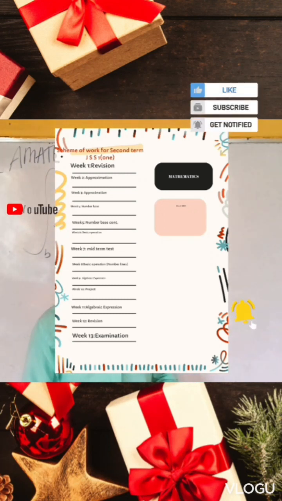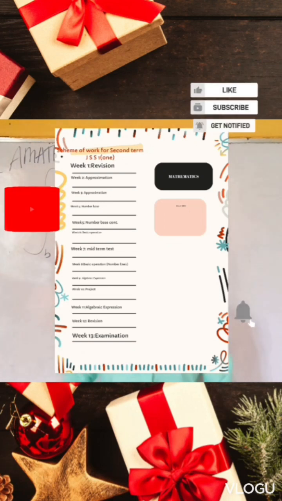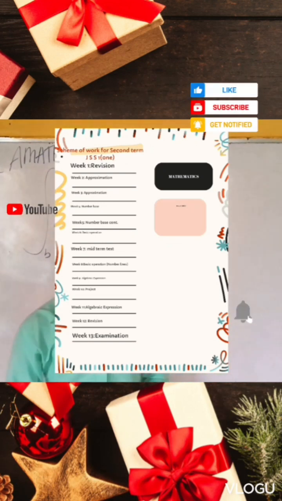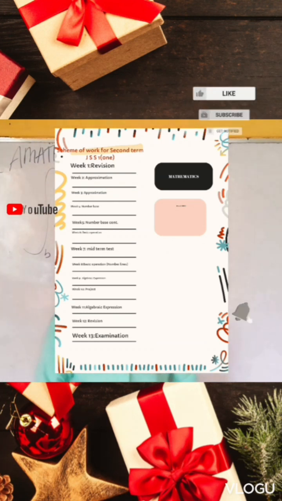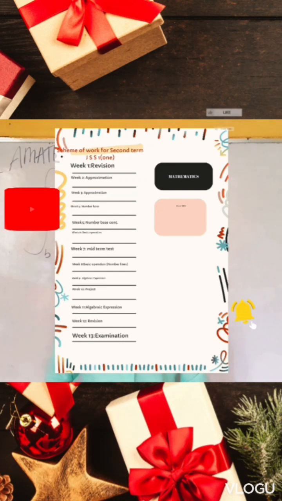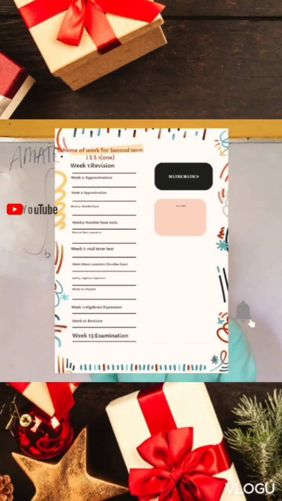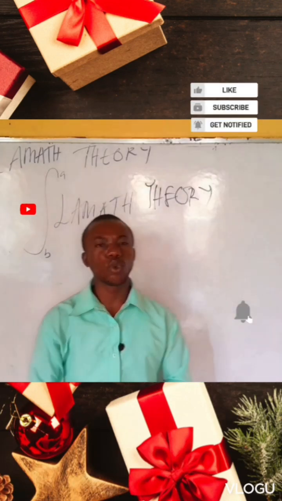Addition, subtraction, multiplication, and division. Week 12 and week 13 are revision and examination. That's for JSS1. Now let's move on to JSS2.